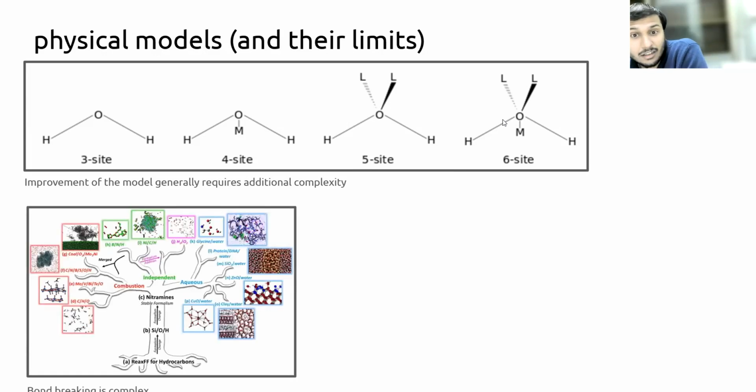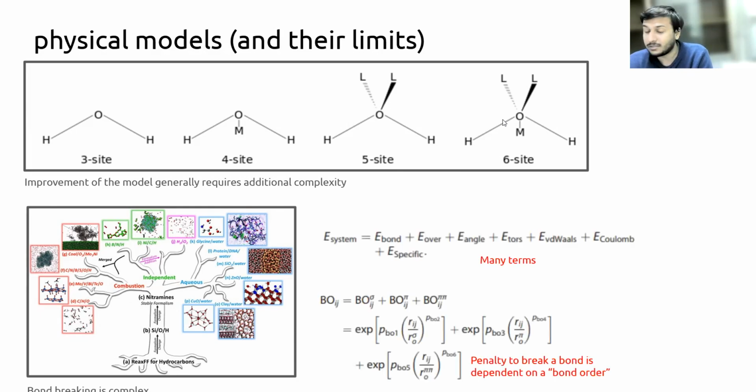And then, of course, to treat the chemistry of bond breaking, as I was mentioning in the previous slides, there's this family of ReaxFF force fields, and they have been used to simulate a number of systems, and this tree really gives you a good idea. But if you really look at all of these terms, you see that there are many of them, and each comprises functional forms which are hard to interpret. For example, most of these are based on a bond order parameter.